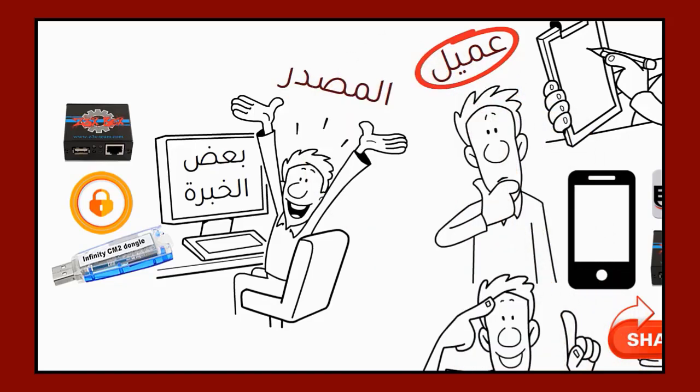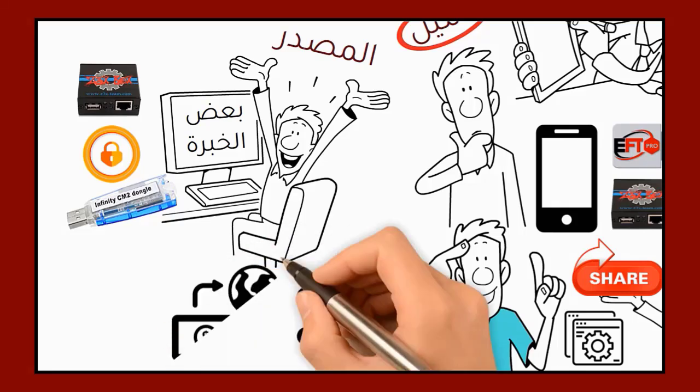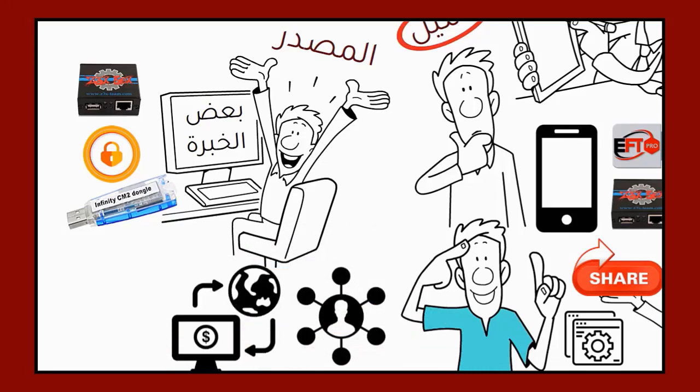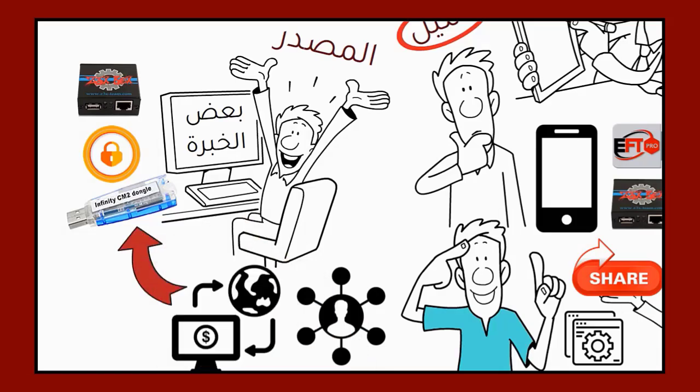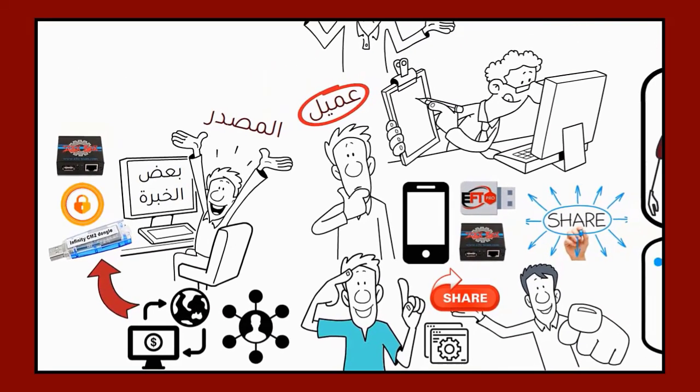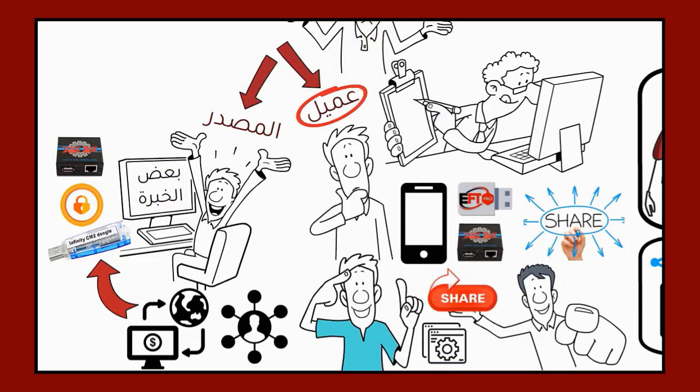You are able to be the source and provide share services for boxes and dongles that you have, to be an additional source of income for you, to help you collect the money that you spent on buying different products and activations. You can be a customer, or you can be the source, and of course you choose according to your experience and according to the products and dongles that you have.